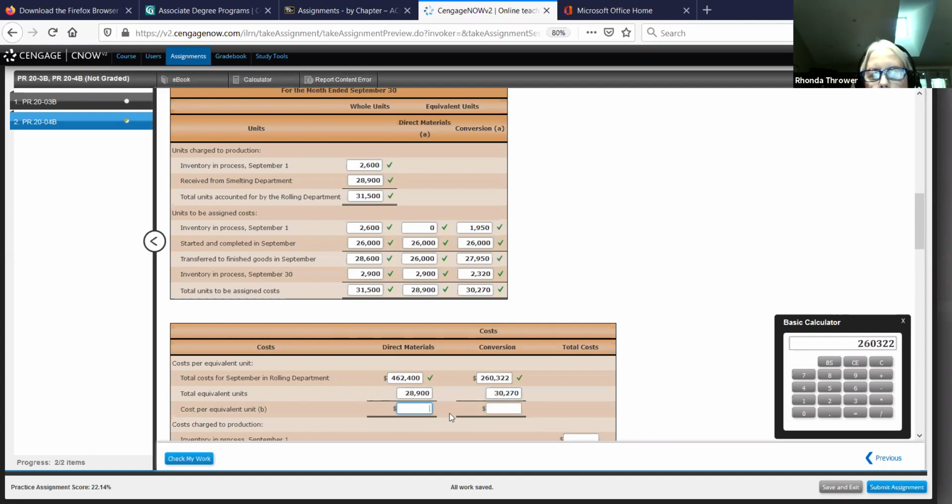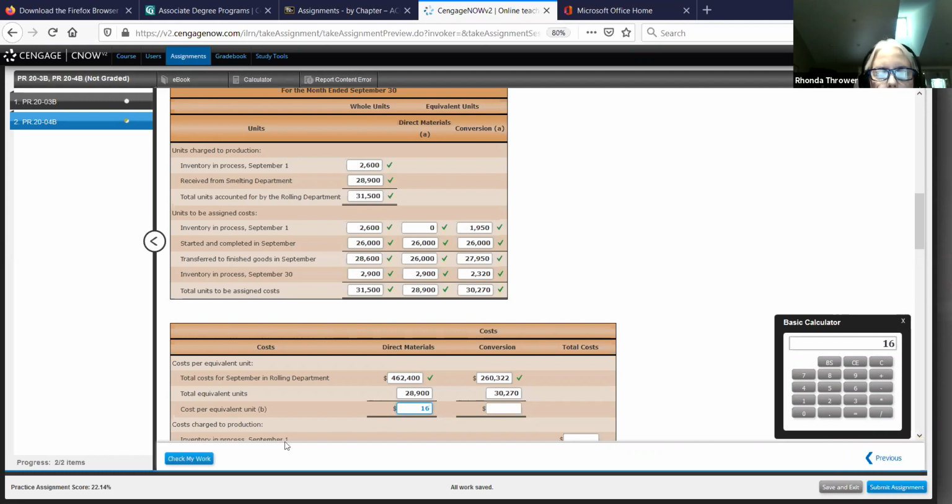So we'll start with our materials first. So it's 462,400. We're going to divide that by 28,900 units. And that's going to give you $16 as the cost per equivalent unit.